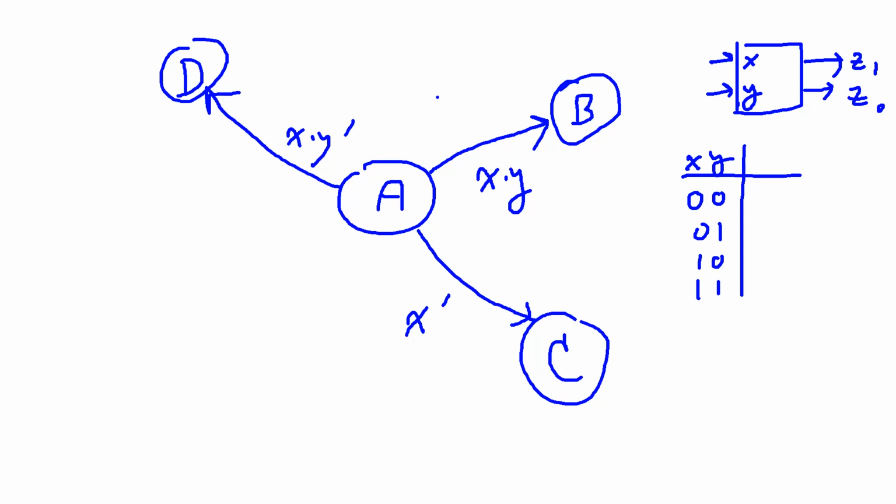That means if you take, for example, X and Y or X prime or X and Y prime, the result must be always 1, because one of these must be 1 for any input combination.